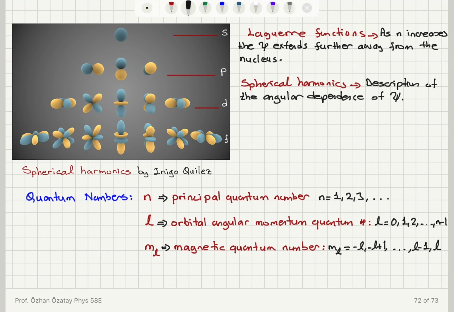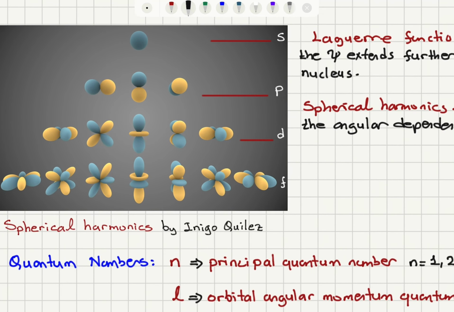And the Laguerre functions behave in such a way that as the principal quantum number increases, the wave function extends further away from the nucleus, so the electron cloud is getting bigger. The spherical harmonics gives us the angular dependence, and here is a graphical illustration of the solutions. You can see S, P, D, and F orbitals.